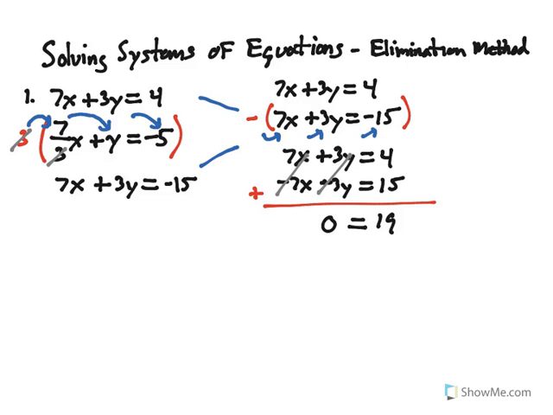Now, you and I know that that's not a true statement. 0 does not equal 19. So basically this is a false statement, and that's going to give you no solution.